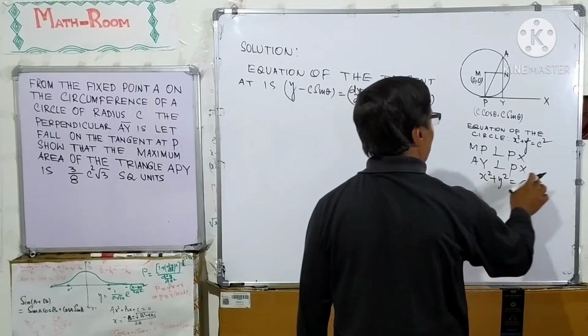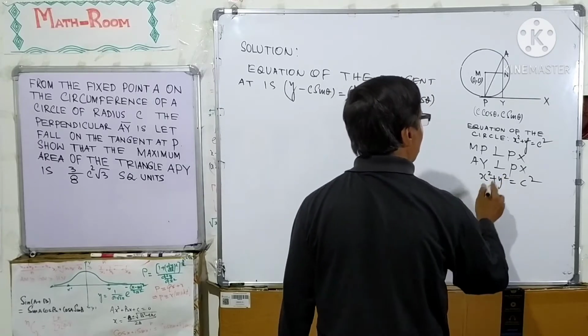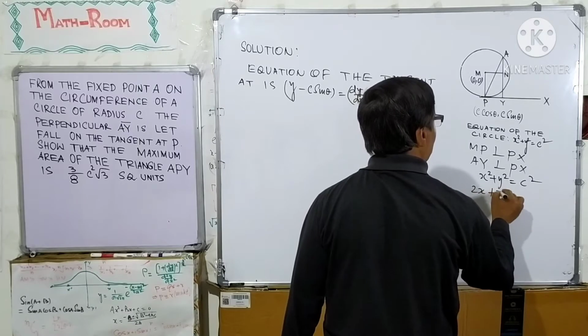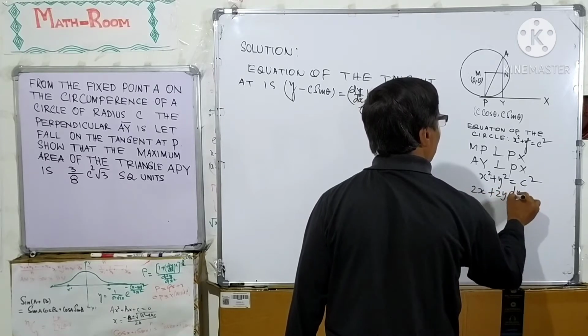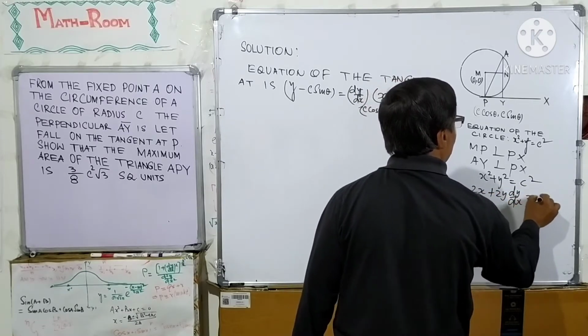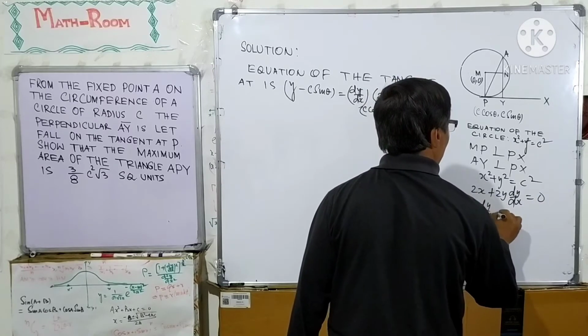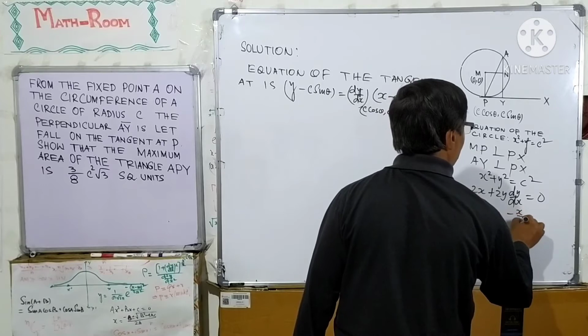We differentiate both sides with respect to x, and we get 2x plus 2y dy/dx equal to 0, that is dy/dx equal to minus x over y.